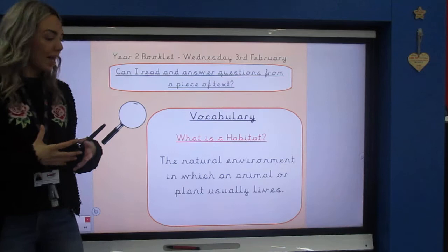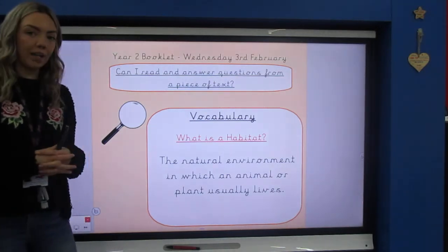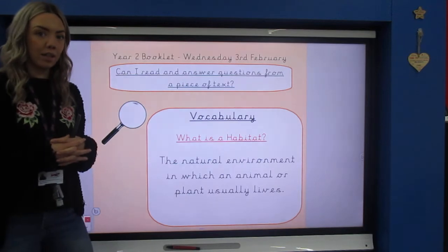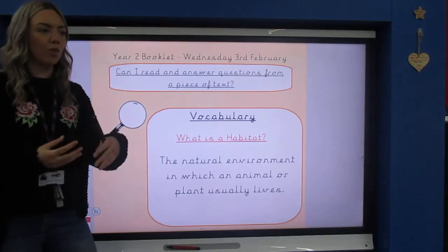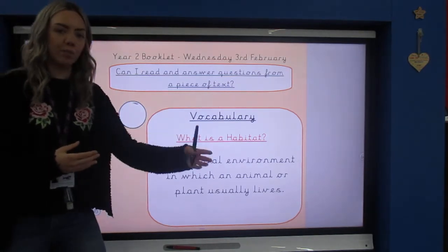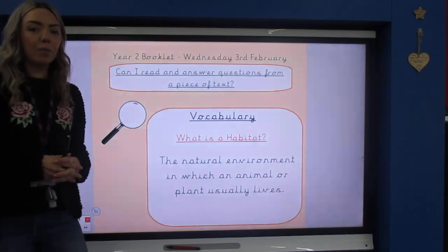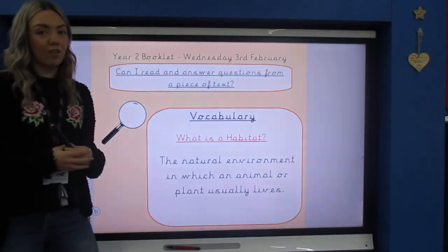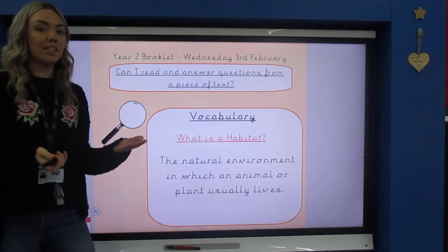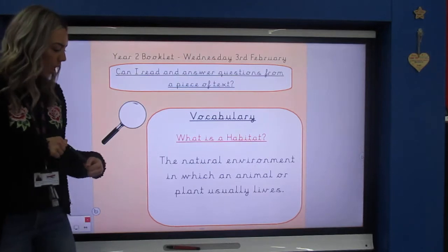It's not been made by people, okay, or purpose built. That means it's not been created for a purpose, so for people to live there or for animals to live there, okay? So for example, when we have a pet, that's not the natural environment, but we've created the environment for pets to live in, okay?